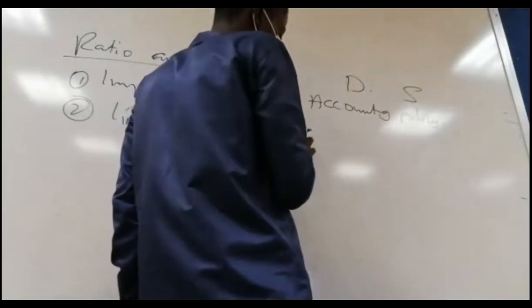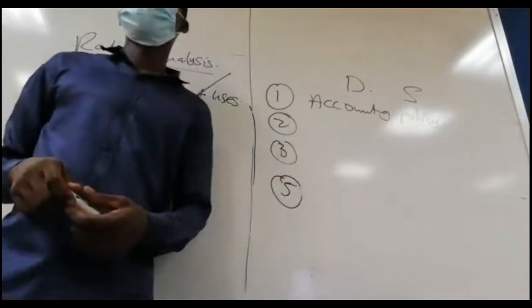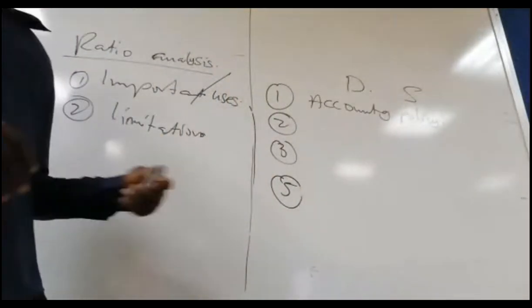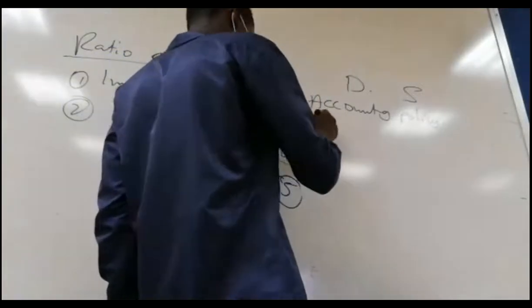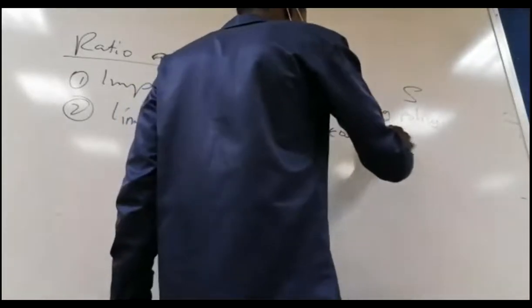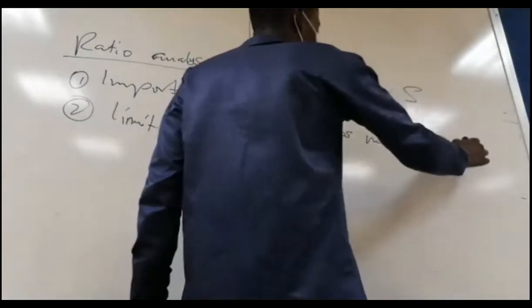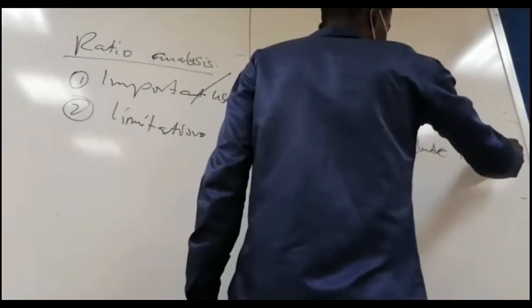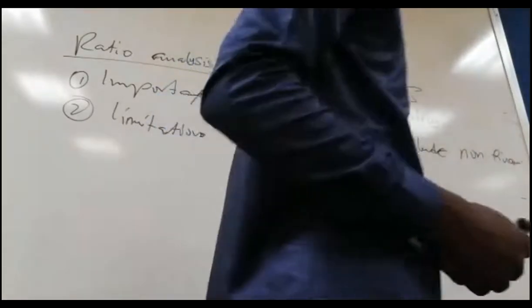It also talks about accounting information. Now, the information that we use to provide the analysis, it's financial. It does not include what? Non-financial aspects.